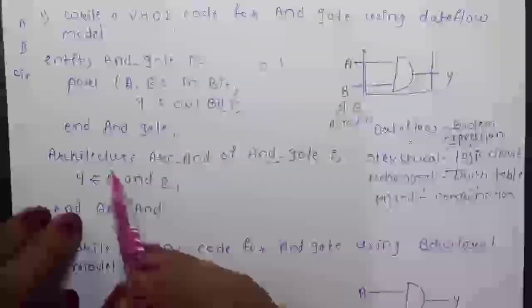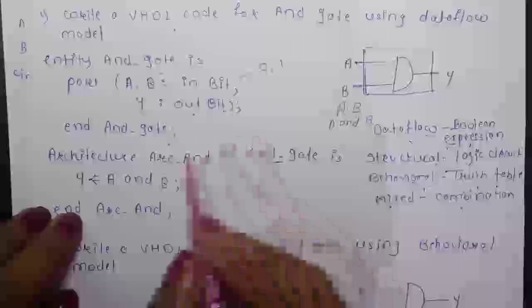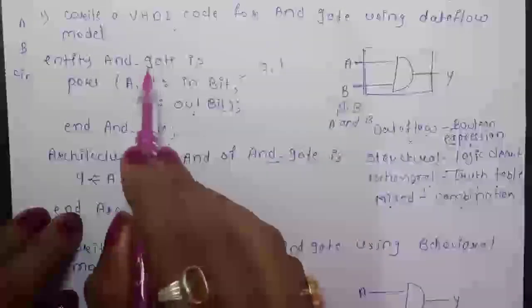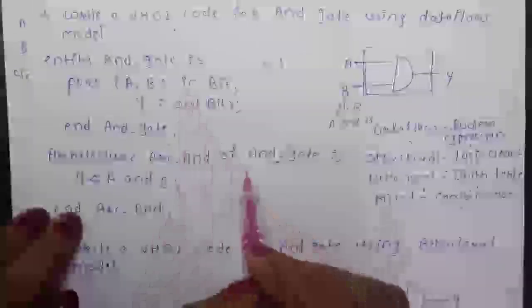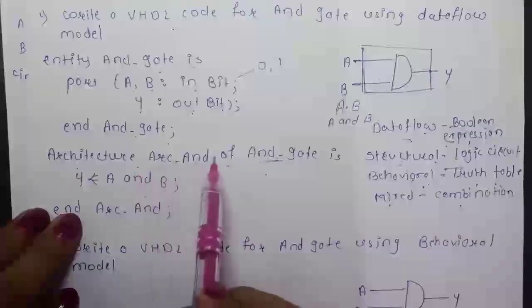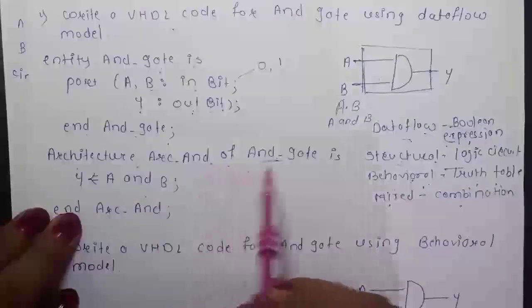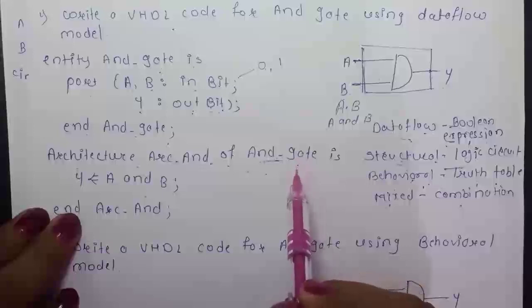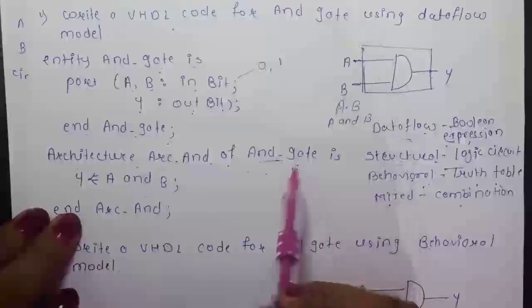Why? Because here I want to specify that my architecture belongs to my entity. That's why the name of the entity must be the same in both parts, that is in the entity and the architecture. So the architecture name is user defined, of and underscore gate, which is the name of my entity, is.